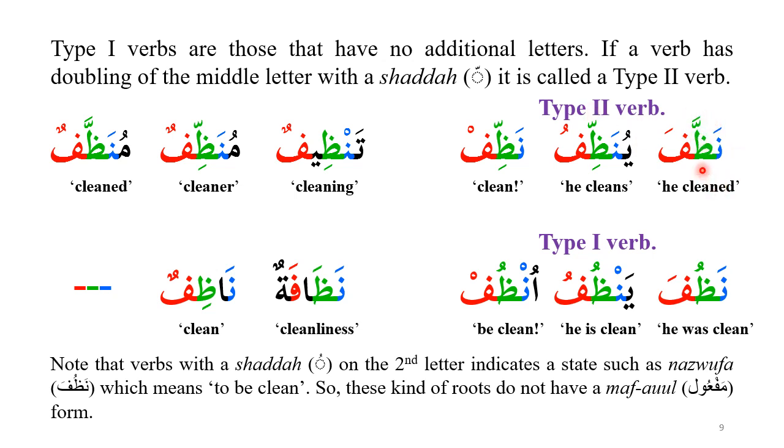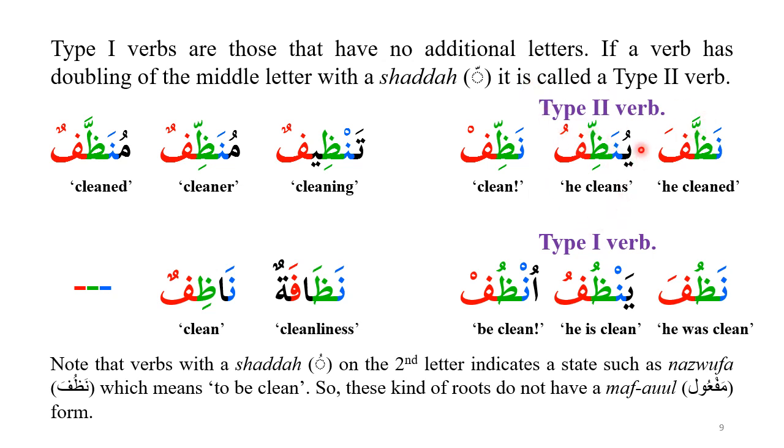So nazzafa means he cleaned, and yunazzifu means he cleans, and nazzif means clean in the amr, and tanzif means cleaning. Munazzifun means a cleaner, and munazzafun means cleaned. So you learn these six types of expression that I've been telling you. This is very, very vital that you learn these six types for every root letter.